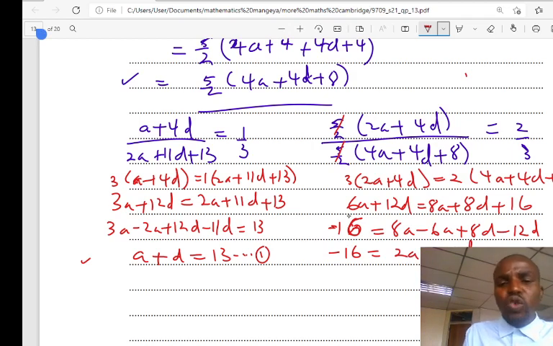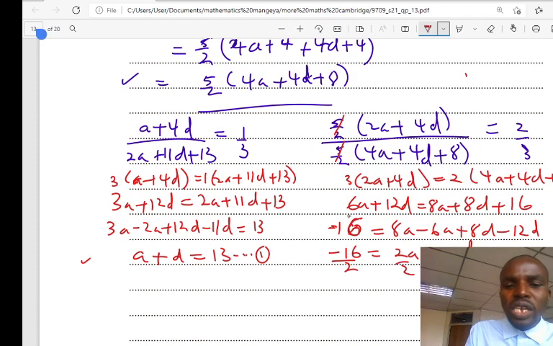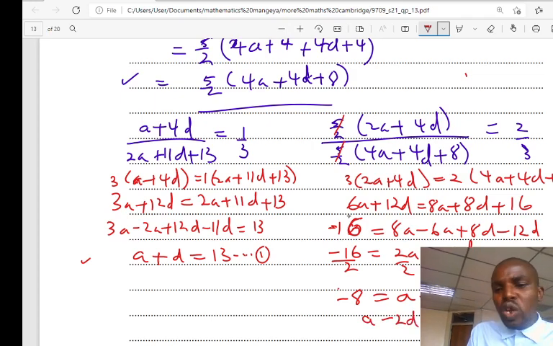There's a common factor 2 here. If you divide everything by 2, you get minus 8 is equal to a minus 2d. This you can express as a minus 2d is equal to minus 8. That will be equation 2.